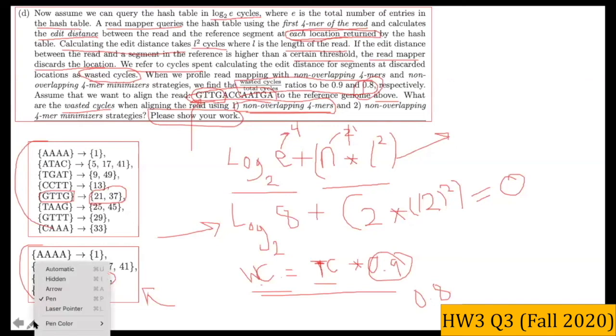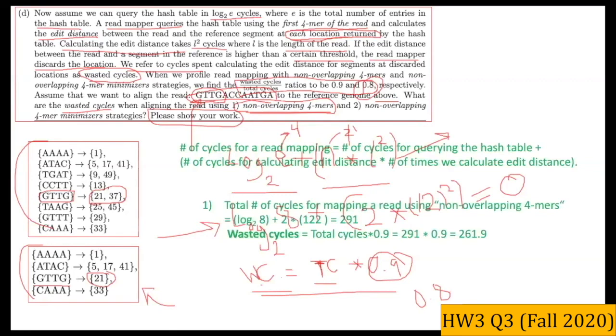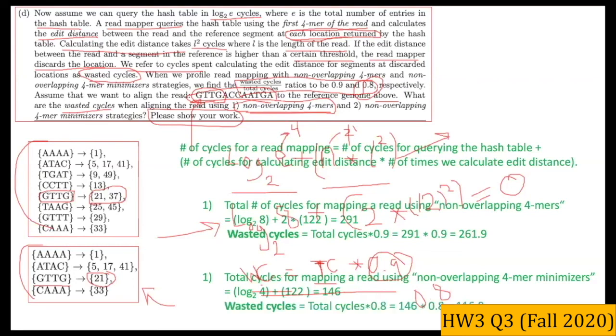Yeah, so now let's see the answer. This is the answer for the first part, where the wasted number of cycles is 261.9. And for the second method it is 116.8. Now you can see that using the minimizer method, we have fewer wasted cycles.